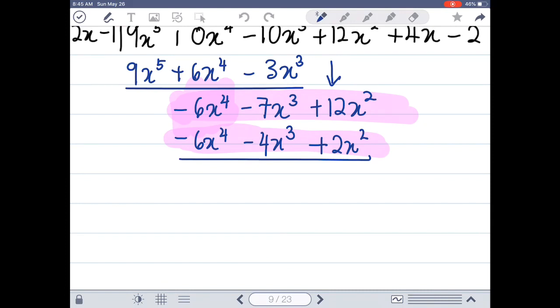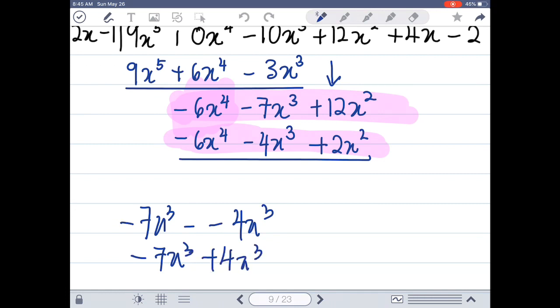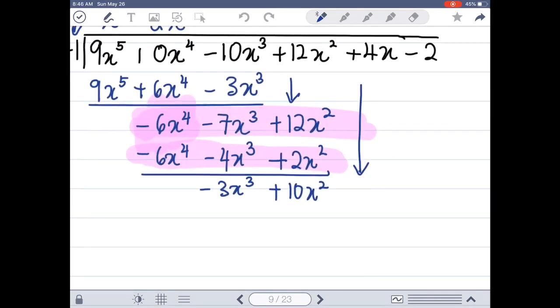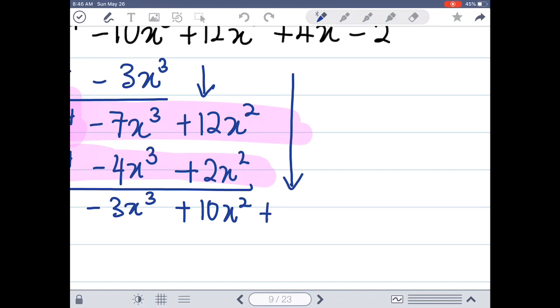Next one would be negative 7x cubed minus negative 4x cubed equals negative 7x cubed plus 4x cubed, we will get negative 3x cubed. So just write down the negative 3x cubed. 12x squared minus 2x squared, we will get 10x squared. Next term, we will bring down the next term, which is just 4x plus 4x.